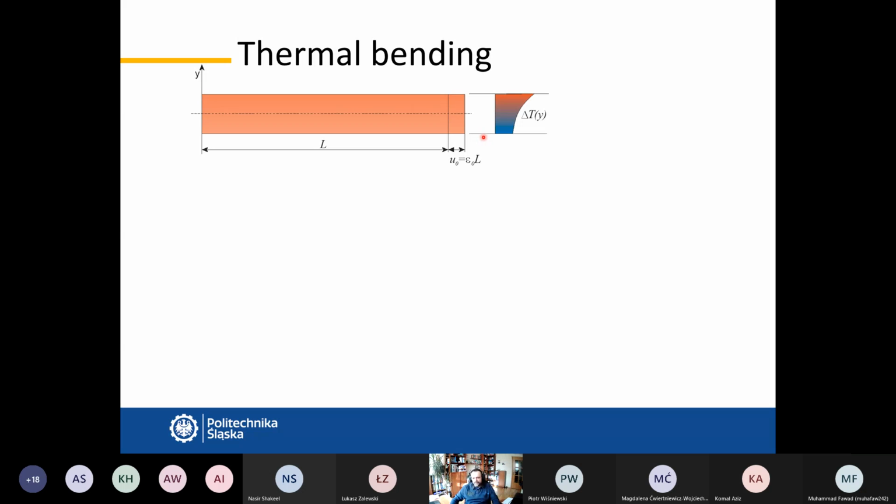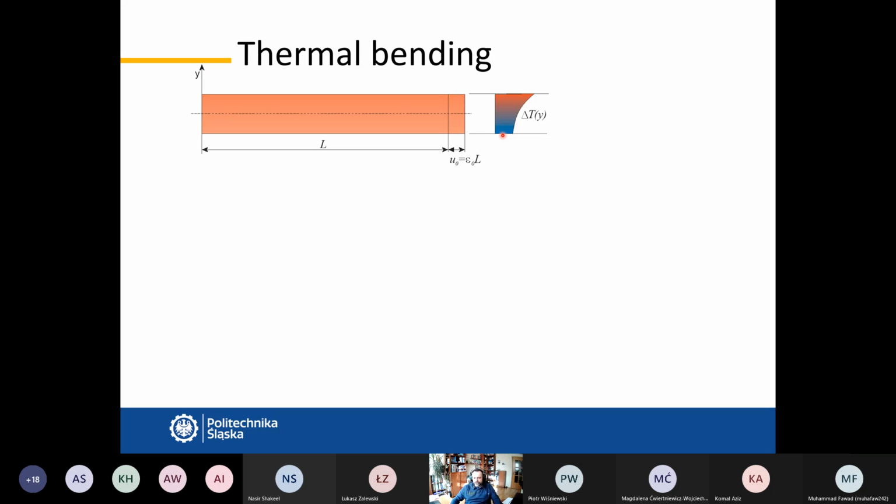So this is our beam, the object, and we observe that the temperature distribution depends on the vertical direction. So it's colder here and hotter here. So this upper part would tend to extend more than the lower part.